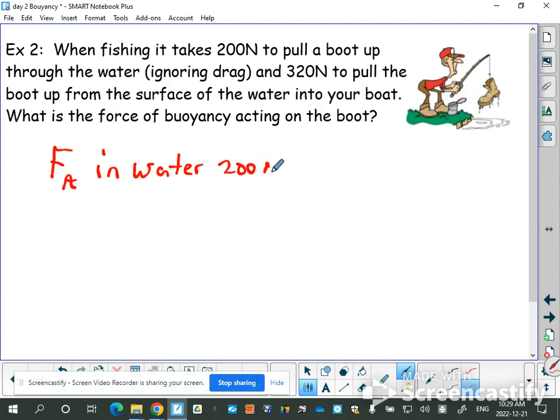Now remember, when it's in the water, I have gravity pulling down, but buoyancy is also helping me out a little, right? So the buoyancy force would be helping me with the entire thing. But once it's out of the water, then it costs me a whole 320 newtons.